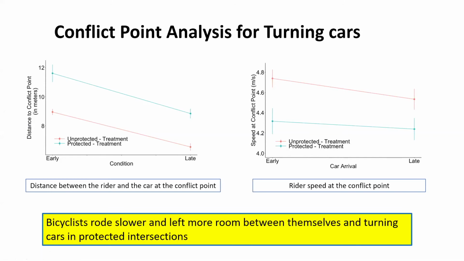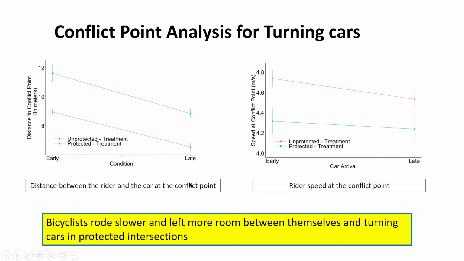We used mixed effect linear regression. We found that riding in protected intersections was predictive of a 2.66 meter increase in distance between the rider and car at the conflict point. As we can see in the diagram here on the left-hand side, there is an increased distance when the bicyclist is riding in the protected intersection than in the unprotected intersection.